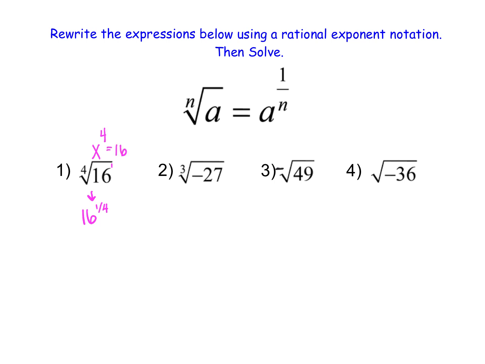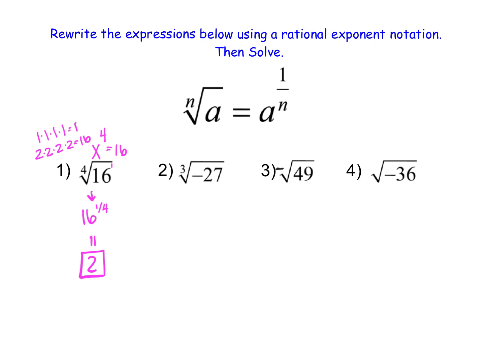Well, in this case, if I start thinking about it, okay, 1 times 1 times 1 times 1, that's 1. Then if I go 2 times 2, that's 4, times 2 is 8, times 2, that's 16. And as a result, I know that the fourth root of 16, or 16 to the power of 1/4, is equal to just plain 2.